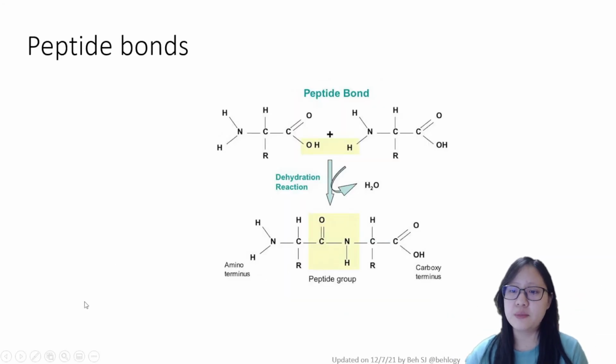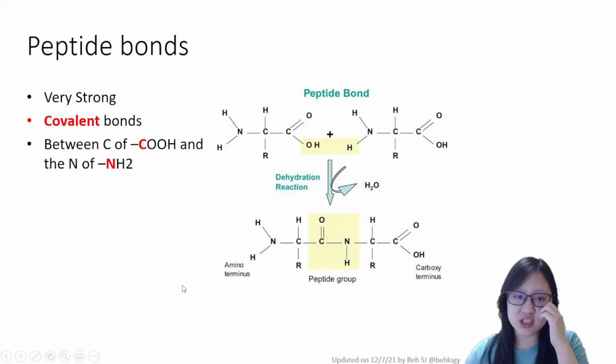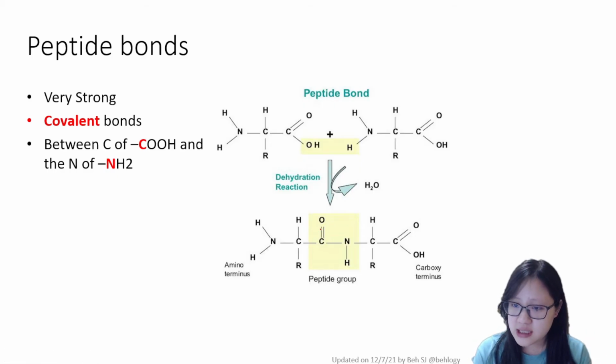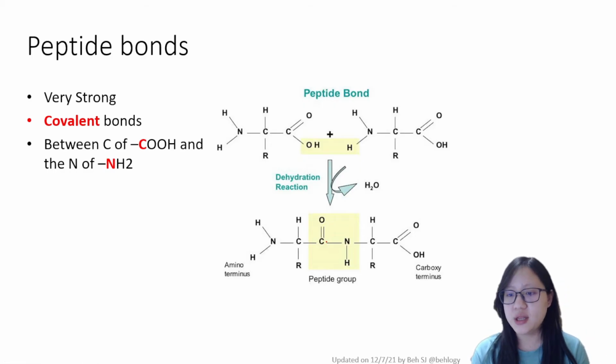So let's look at the peptide bond first. Because of the structure here, the C double bond O and NH is between the C of the carboxylic acid group and the N of the amine group. So this bond here will be the peptide bond.